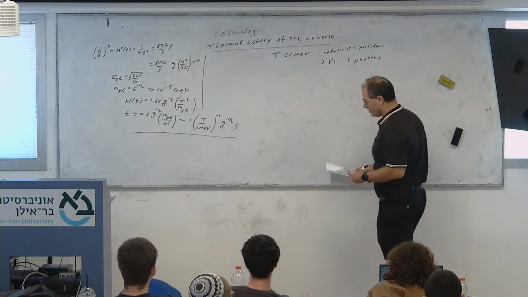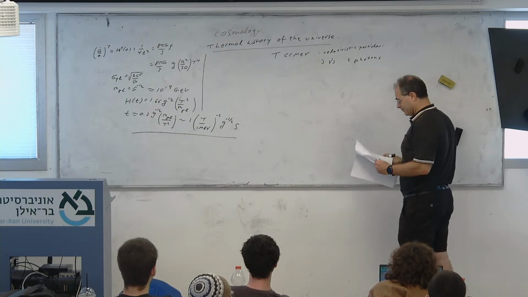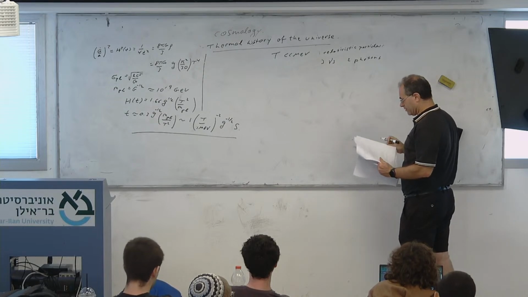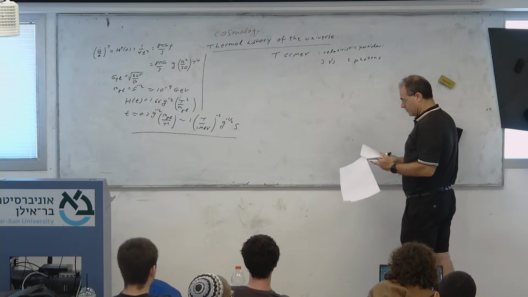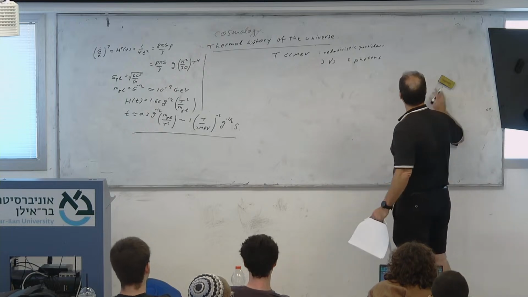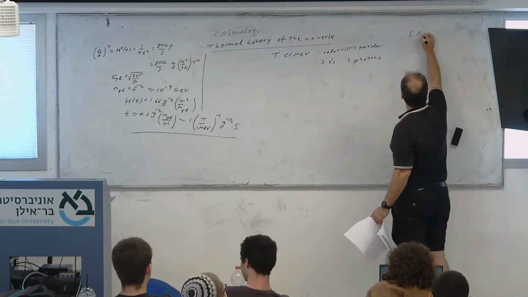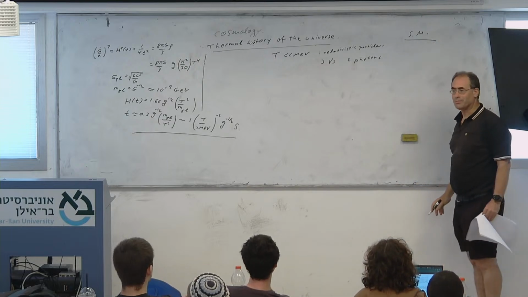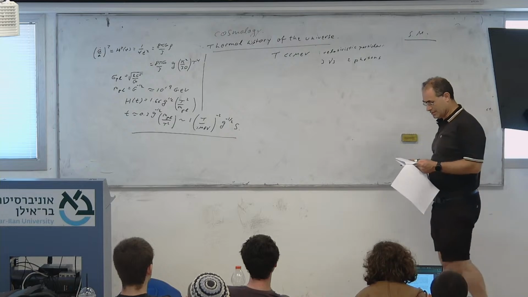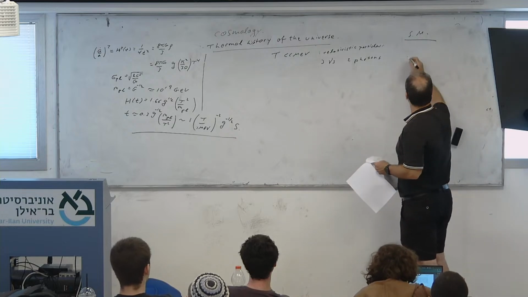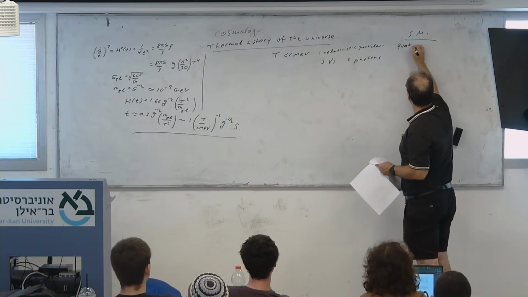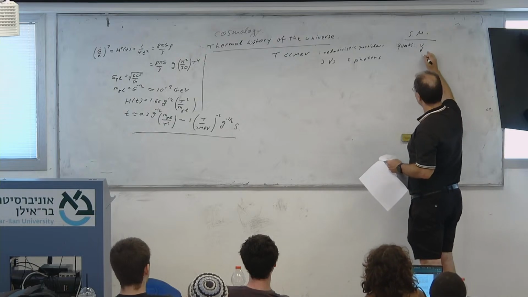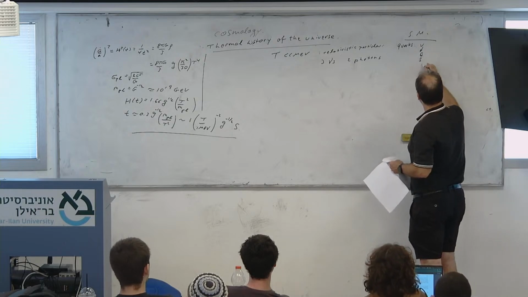Maybe that is the place that I need to put in the appendix, so I'll just do it quickly. So within the standard model, there are 17 particles. Six quarks: up, down, charm, strange, top and bottom.